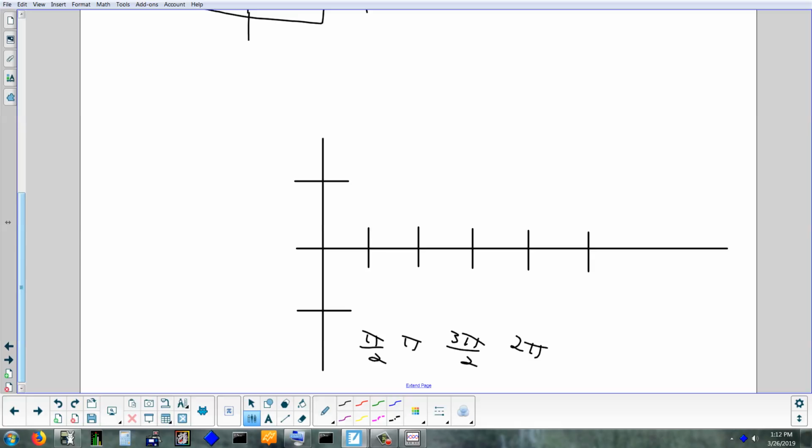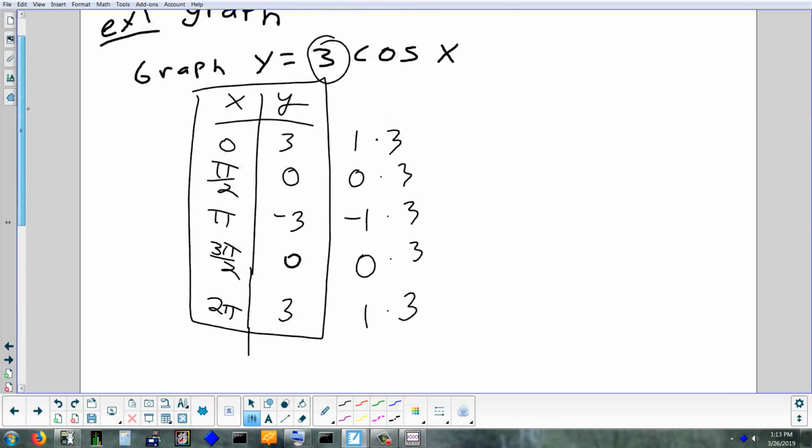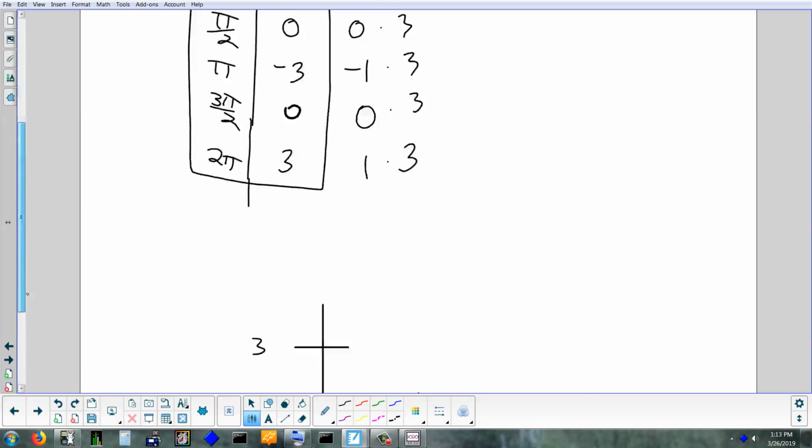Now, what I usually do is the y-axis, I change depending on what I'm scaling by. So normally I would put a 1 and a -1. What I'm going to do is put a 3 and a -3. Because that's what I'm scaling. The highest I need to go is 3. The lowest I need to go is -3.